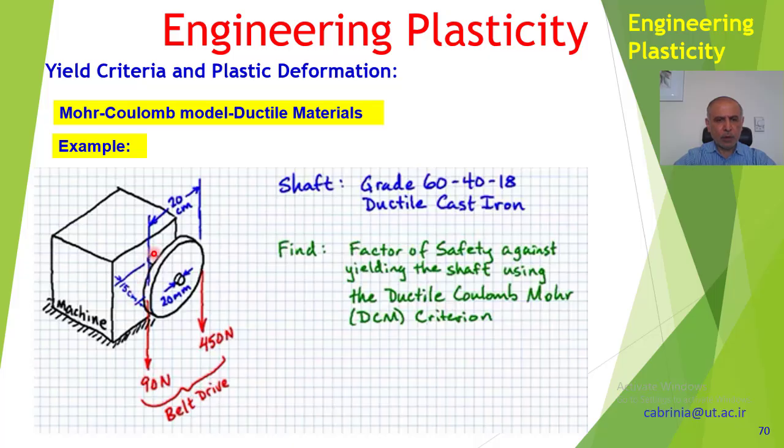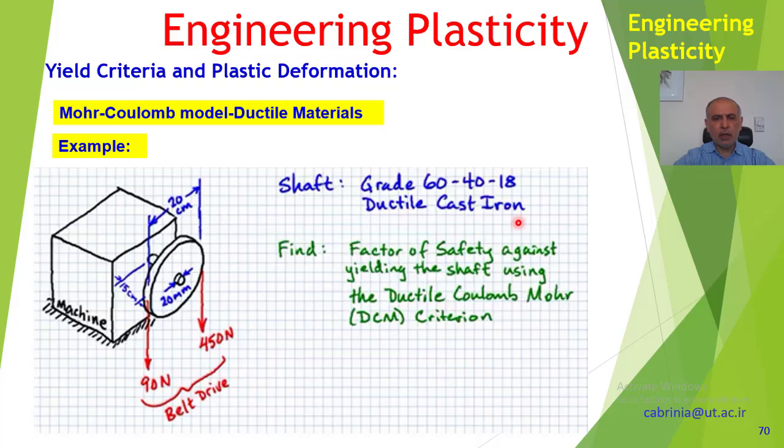We are given some dimensions here, for instance the length of the shaft, the diameter of the shaft, the diameter of the pulley, and we have been told that the shaft is made of ductile cast iron grade 60-40-18.